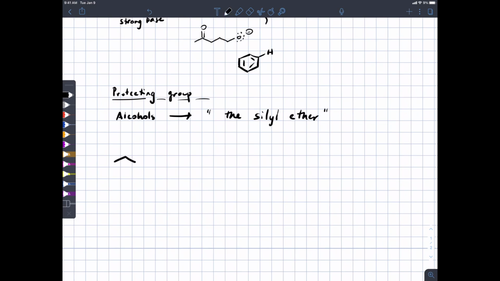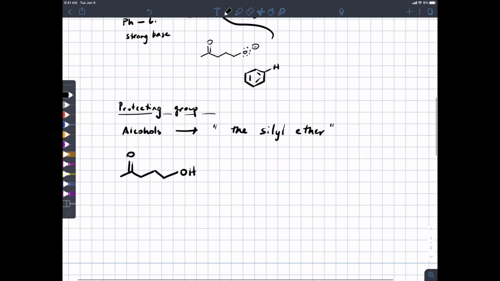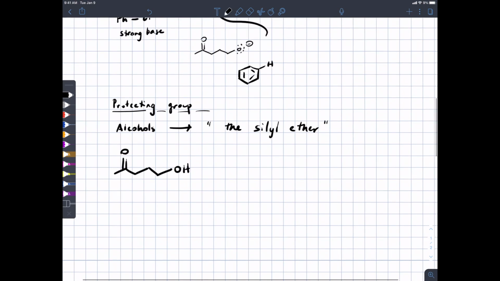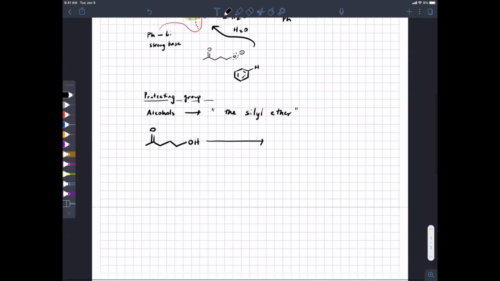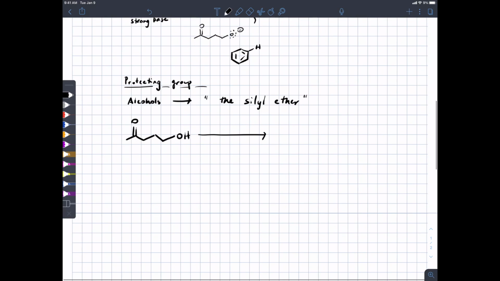So let me show you what I mean by a silyl ether. Here's how you do the protection reaction. We'll use a reagent that is maybe somewhat painful to draw, but is easy to abbreviate. The reagent is this.